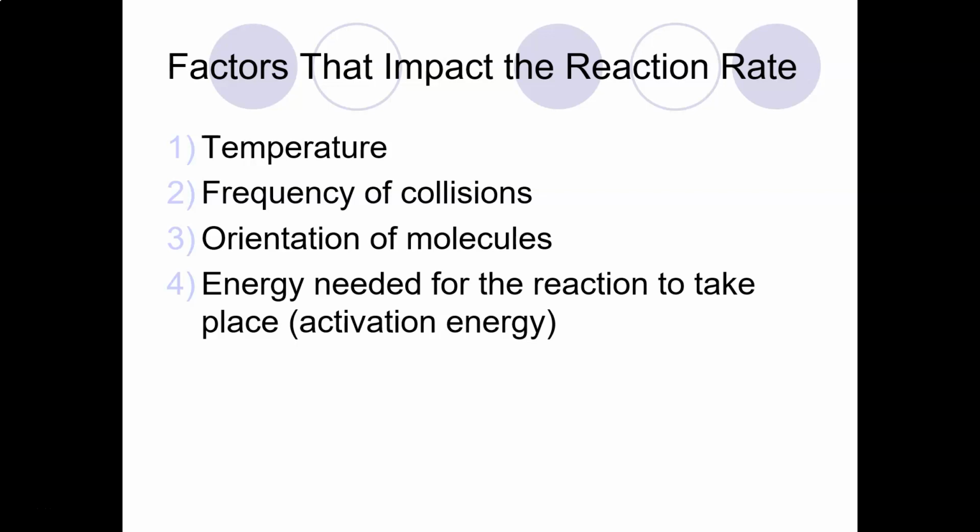How often the molecules collide, because we said that when two reactants need to react to make a product, they have to physically collide with each other. The more often these molecules collide, the faster the reaction will go. An additional component is that when these molecules collide, they have to collide with the correct atoms touching. That is what is meant by the orientation of molecules.